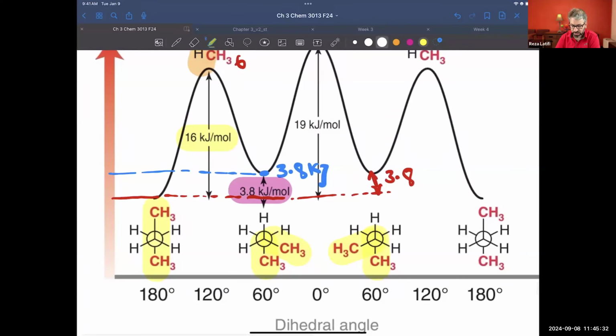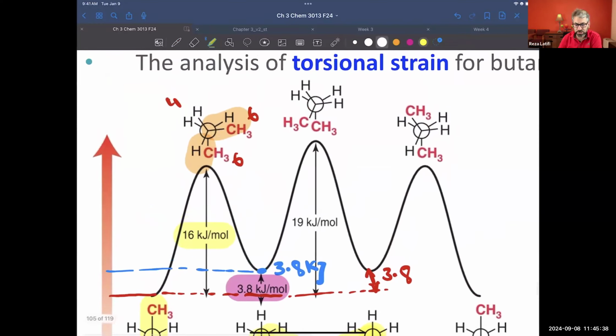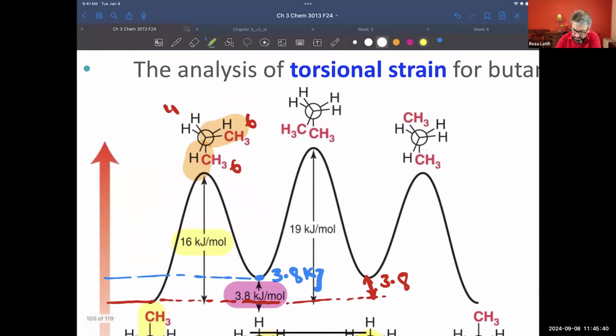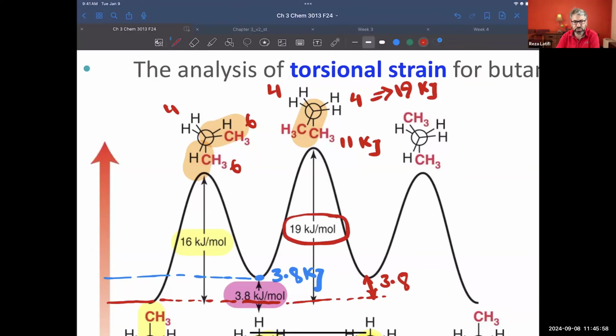But in order to get the second gauche structure, we're going to have two methyls facing each other, and it's going to increase the energy of the system by 11 kilojoule. Here you have 4, and that one also 4, and that totals 19 kilojoule. And this is the answer for that 19 kilojoule barrier.